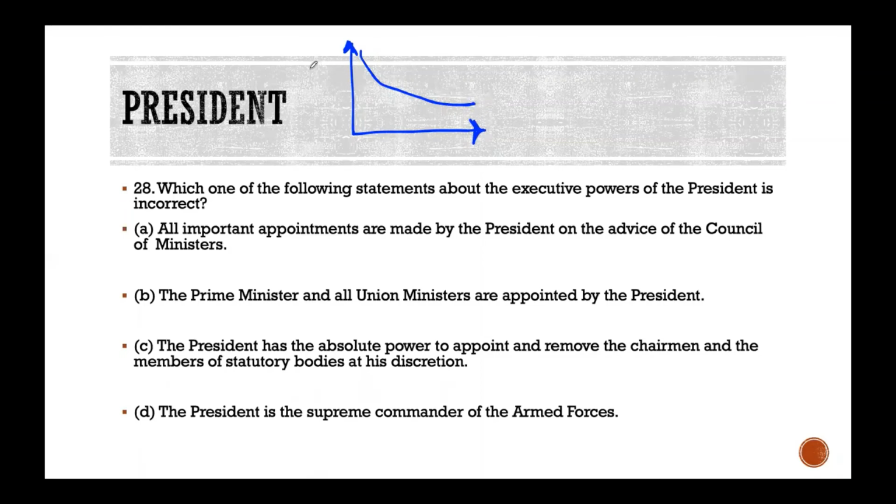So for instance, this is the content in your memory, and this is your hours. What happens is, as soon as you leave the class, you have forgotten 50% of what you have heard.